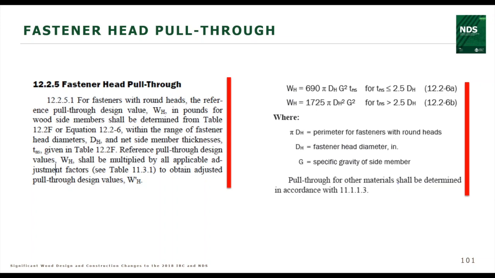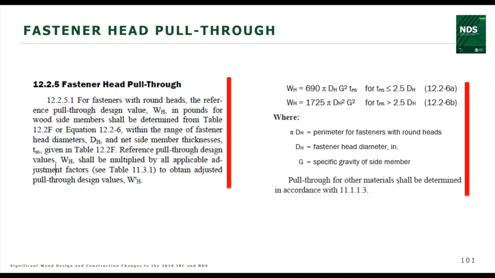So within the range of head diameters and thicknesses and specific gravities in the NDS, the analysis found that head pull-through is related to the perimeter of the fastener head. And these equations are based on the fastener head. The diameter is what you use, but that pi in there, remember back to geometry class, pi times diameter. So that's that perimeter of the fastener head.